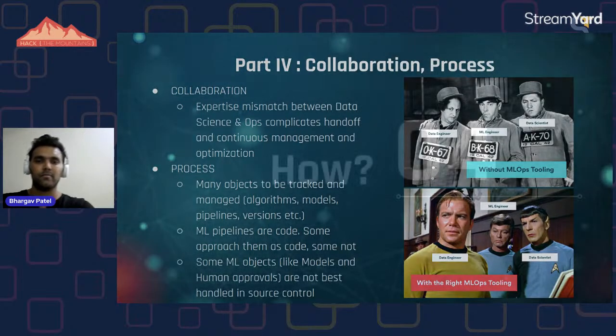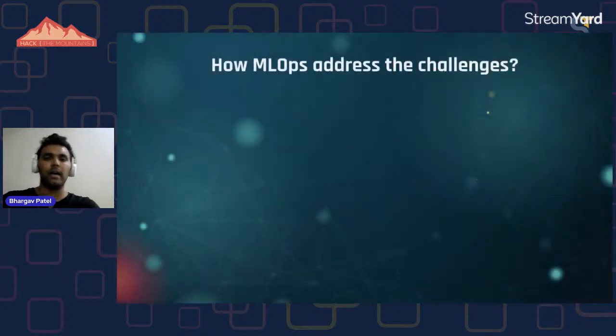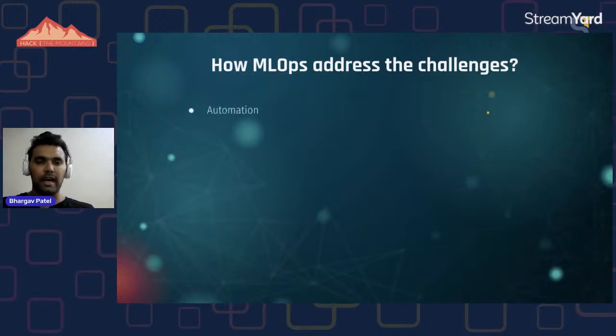Right. We talked about the issues, we talked about what can go wrong, and I said that MLOps can address these issues. But the question is how, right? So how does MLOps address these challenges? If we start, the first thing we can all think of is automation.